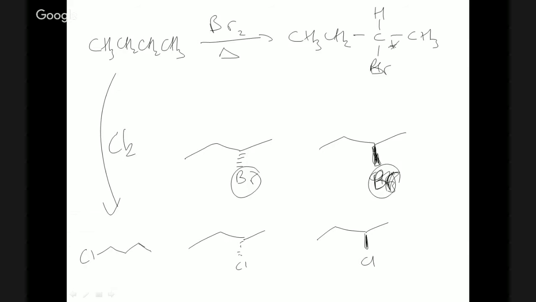To understand the racemic mixture, again, let's just draw a radical. You could have the electron be up or down. It's up or down 50% of the time. What happens?